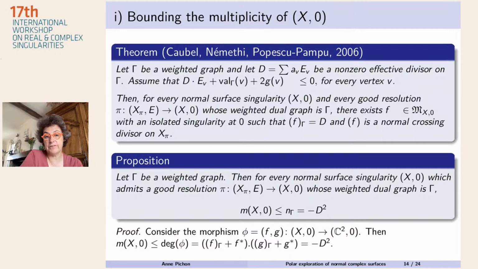Okay, you can find F such that D equals F gamma. And moreover, if you work a little bit more, you can obtain that the total transform of F, so F gamma plus the strict transform, is a normal crossing divisor.